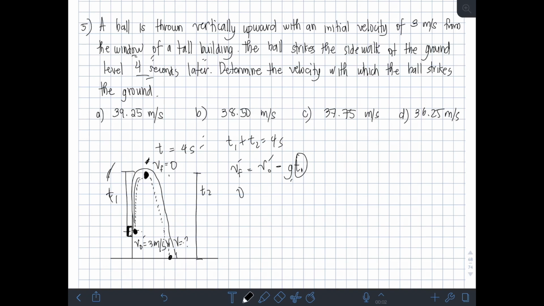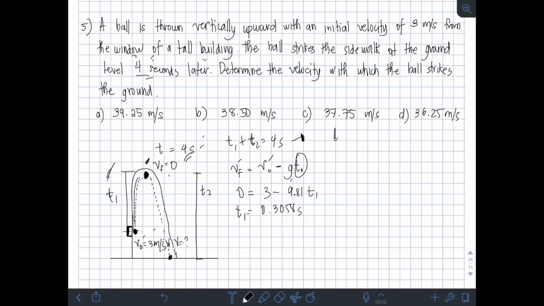So, VF is 0 equal V0 is 3 minus g is 9.81, right, times T1. So, solving for T1, it is equal to what? Shift solve or solve manually using algebra, it's 0.3058 seconds. Okay? Ngayon, dahil ito yung equation natin for the total time, T1 plus T2 equals 4 seconds, masasolve na natin tong T2.